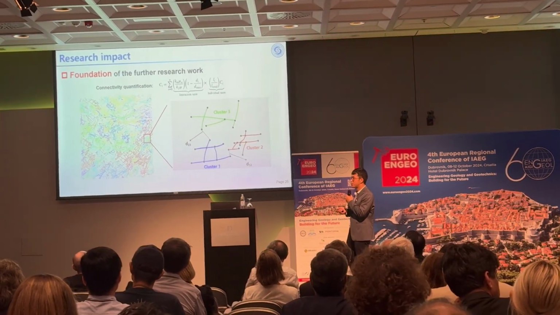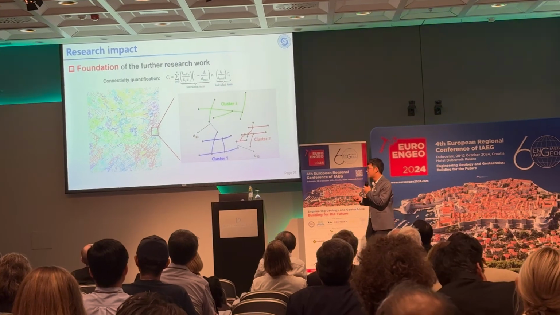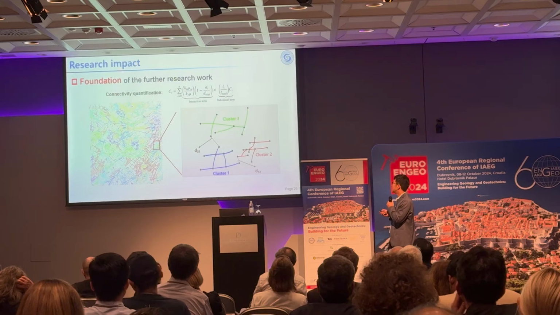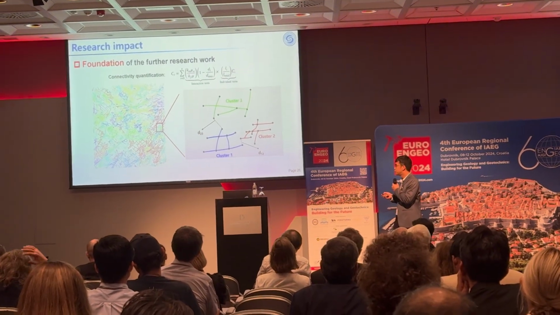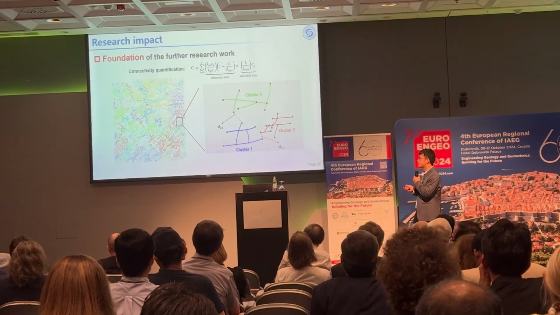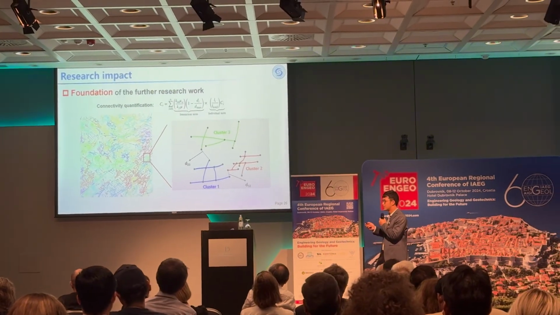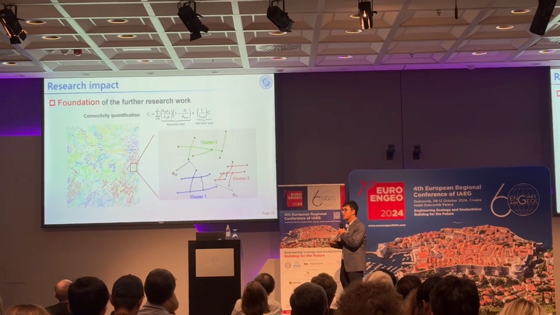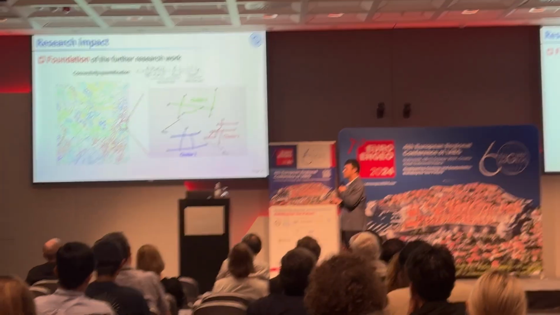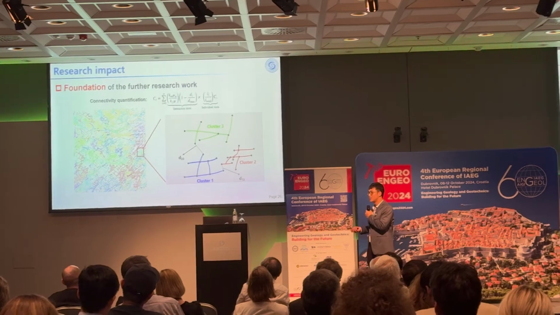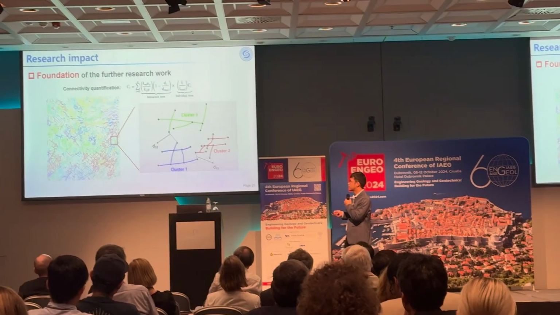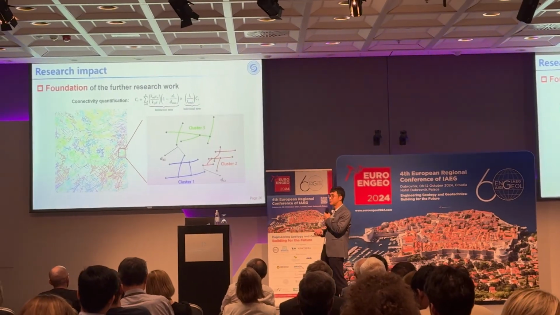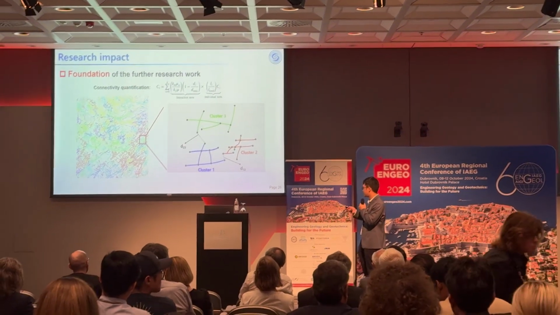It's very difficult to quantify the connectivity in such complex systems, and we have proposed a very novel indicator to do that, which accounts for the individual contributions of each cluster, and also accounts for the interactions between different clusters. By doing this, we can quantify the connectivity of complex fracture networks. It can also be extended to 3D. Here I only show 2D for better visualization. For 3D, it will be very hard to plot and visualize.